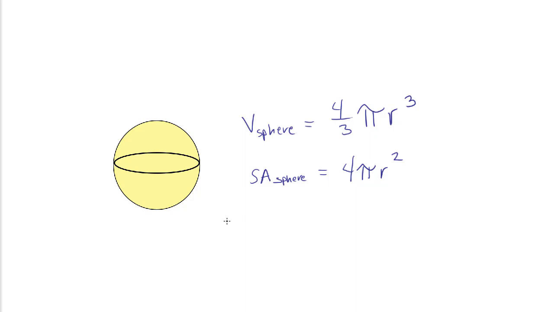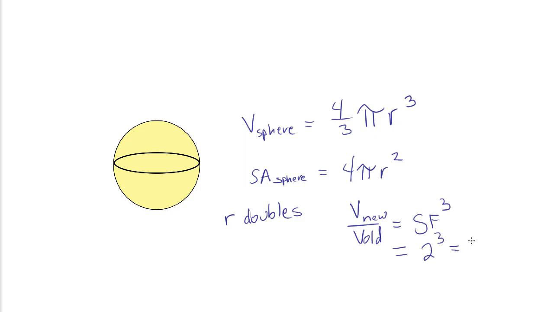If I looked at a similar scaling problem, the radius doubles for my sphere, what happens to the new volume? The volume new to the volume old will equal my scale factor cubed for volumes. In this case, that's going to be 2 cubed.